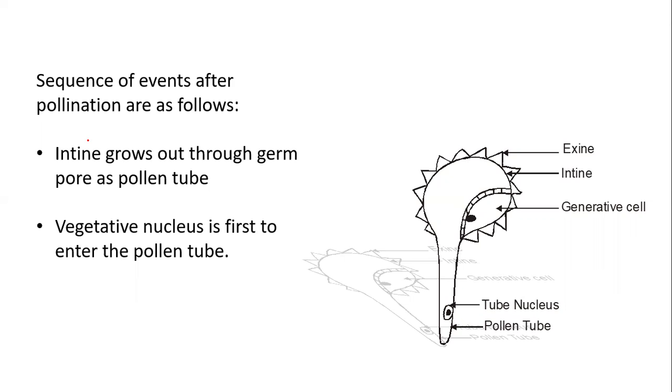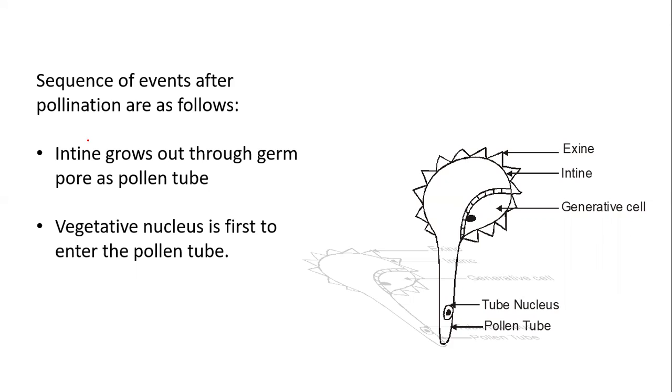So that's why we say the intine is going to grow there. Once it grows, the vegetative nucleus is the first to enter the pollen tube. So write this down first of all.